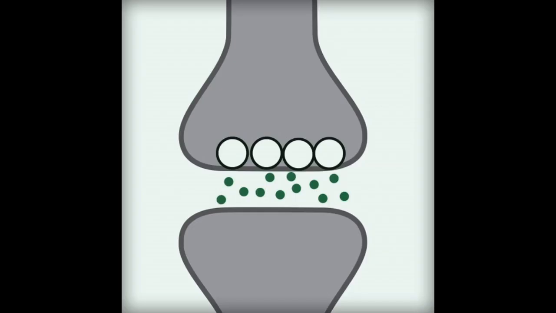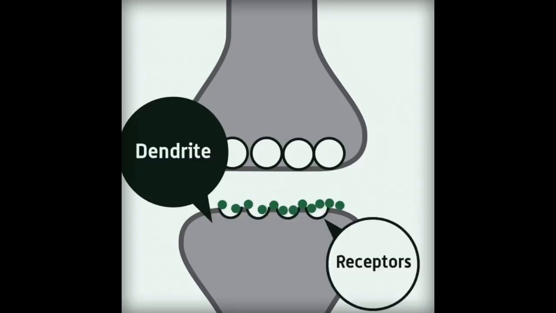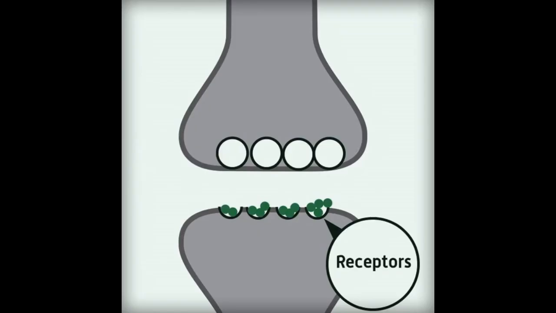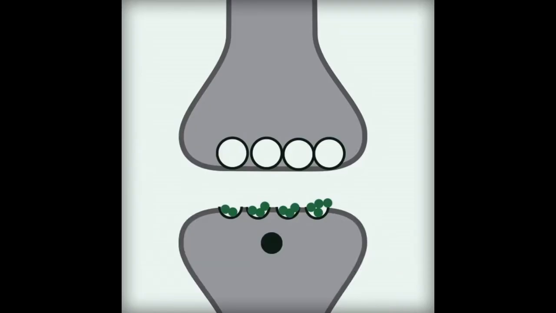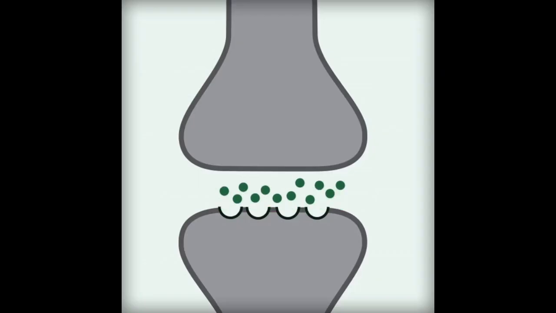So the neurotransmitter moves across the synapse and attaches to special receptors on the dendrite of the receiving neuron. When enough receptors have been filled, a threshold is reached and a new electrical signal is generated in the receiving neuron, so the message then moves along. The neurotransmitter detaches from the membrane of the receiving neuron and is reabsorbed into the originating neuron. Once this has taken place, the originating neuron can send a new message.